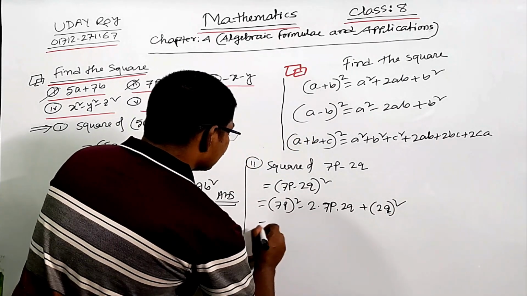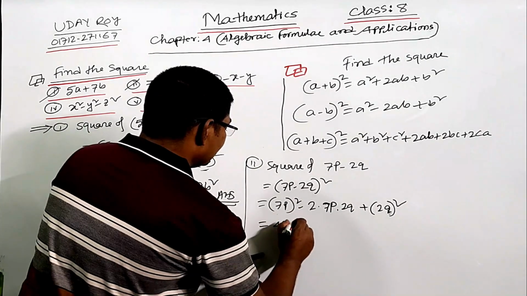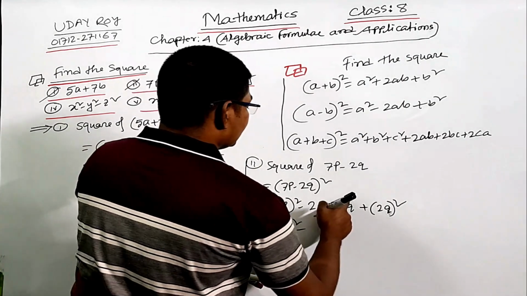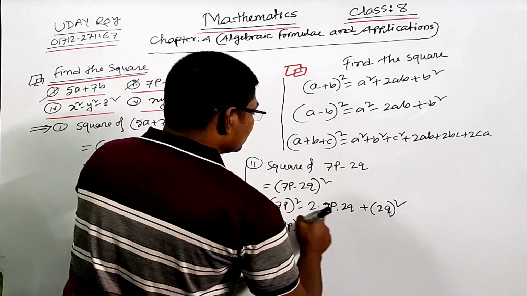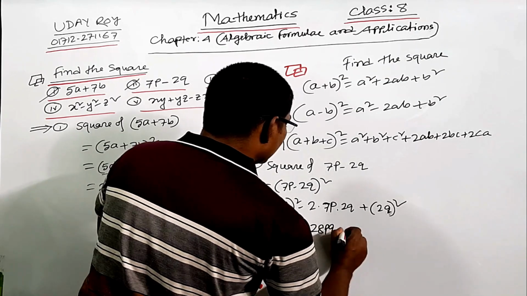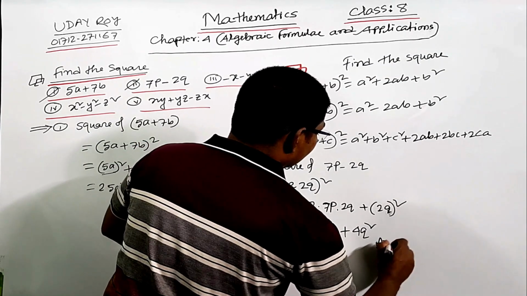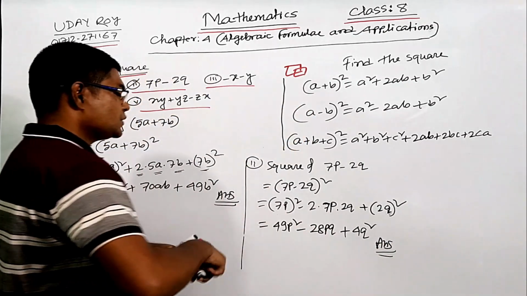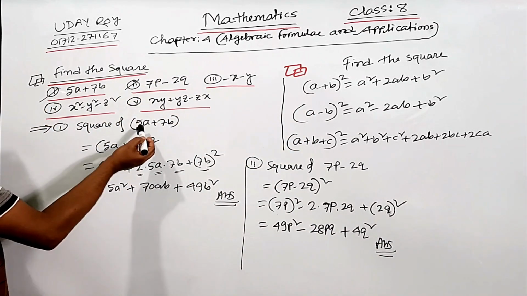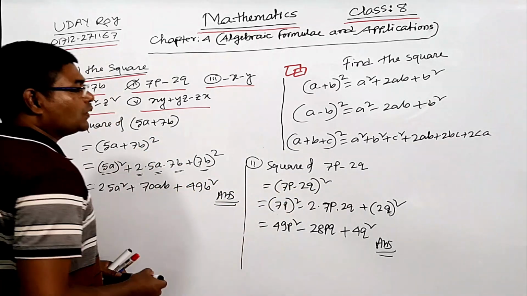So here is 7p square, that means 7 7s are 49p square, 4 2s are 4, 4 7s are 28pq, plus 4q square. So you can say this is a plus b whole square type and this is a minus b whole square type.